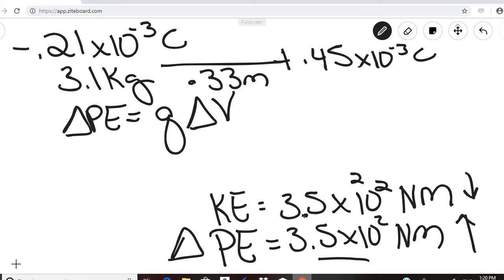So now we know this, and we know the charge.